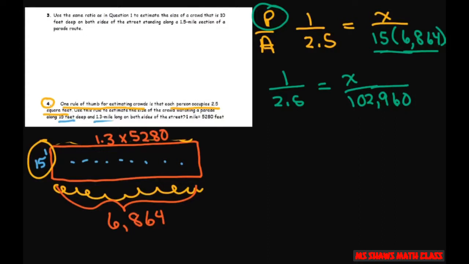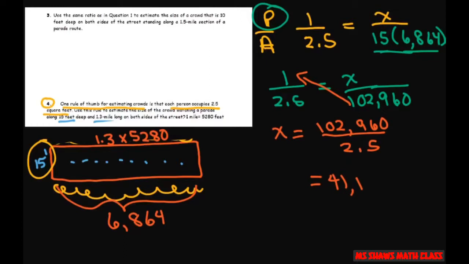Now you cross multiply, so multiply these two and divide by this. So your number of people is just going to be 102,960 divided by 2.5. And that's going to give you 41,184.